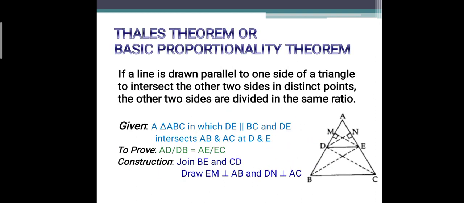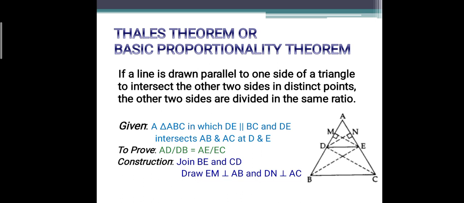Now, moving towards the first theorem of this chapter, which is Thales' theorem or basic proportionality theorem. Thales' theorem states that if a line is drawn parallel to one side of a triangle to intersect the other two sides in distinct points, the other two sides are divided in the same ratio.